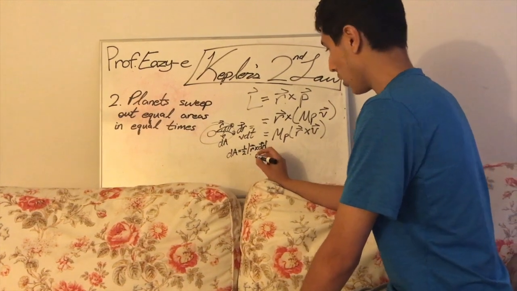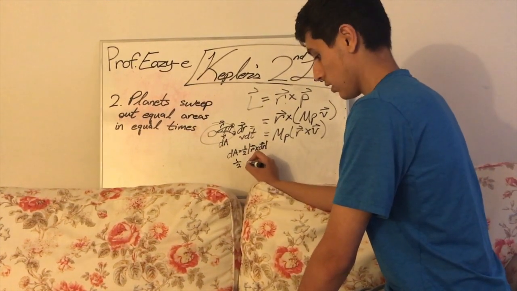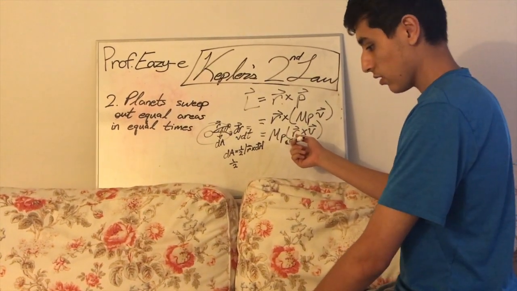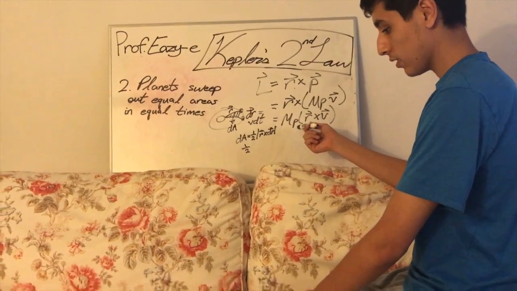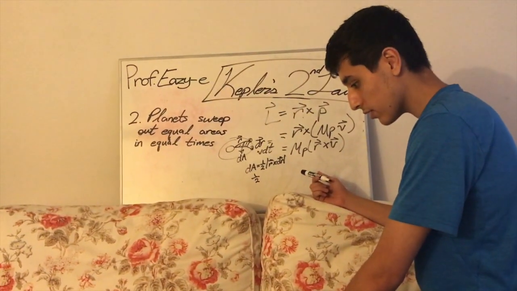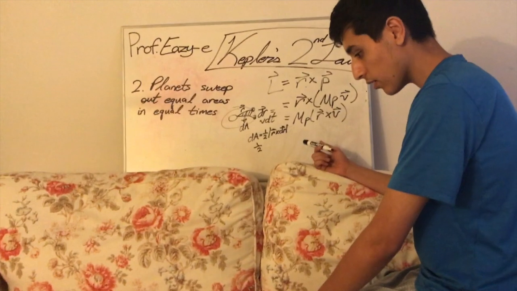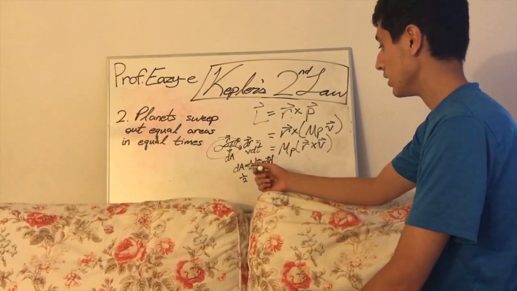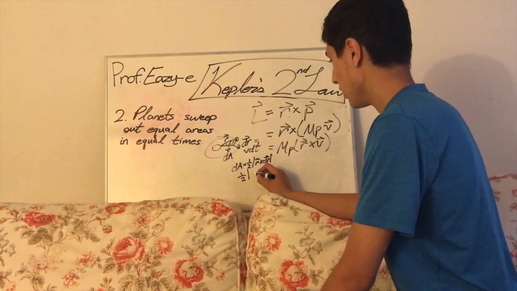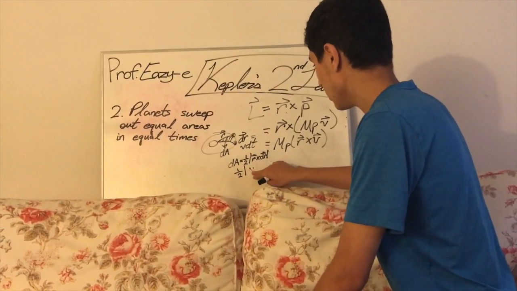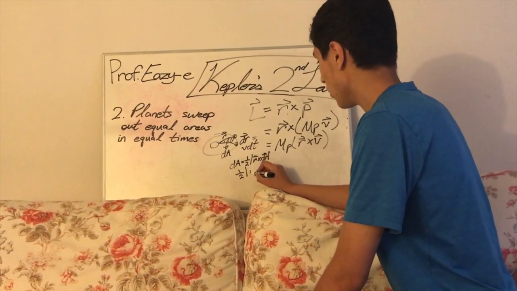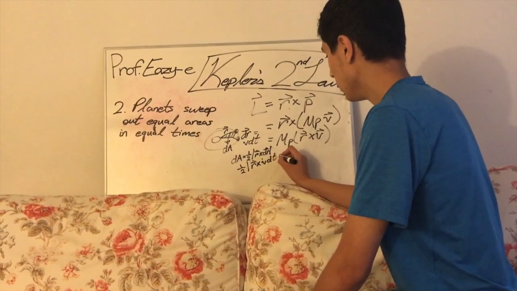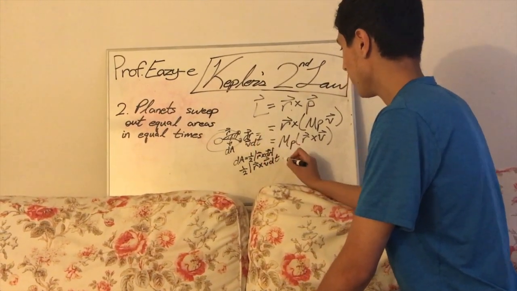When we substitute in here, since dr equals v dt, we write 1/2 r cross v dt. I forgot to put dt there.